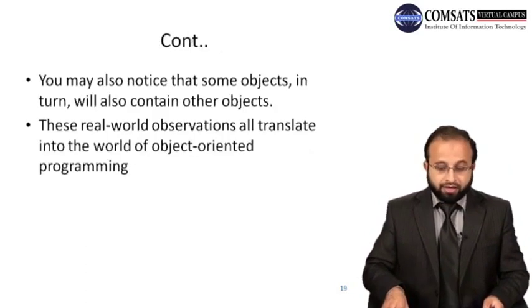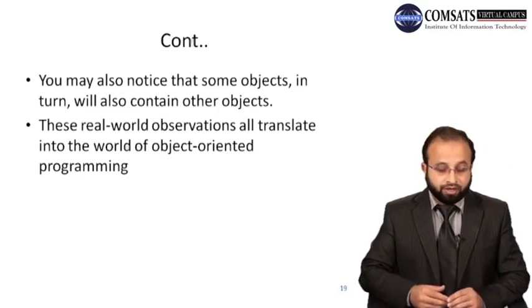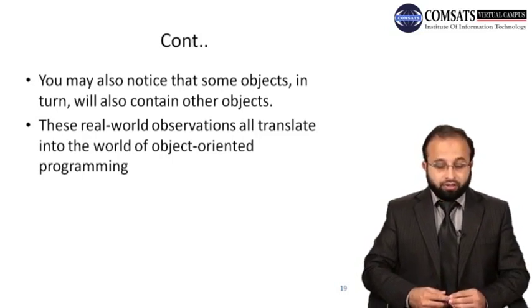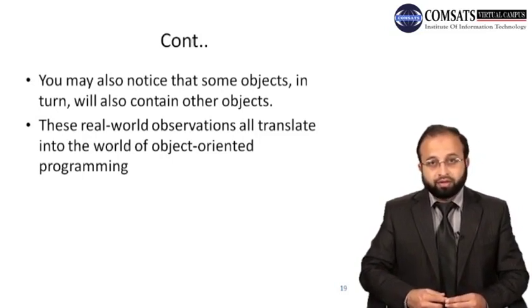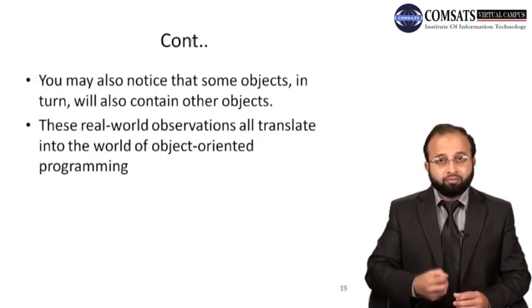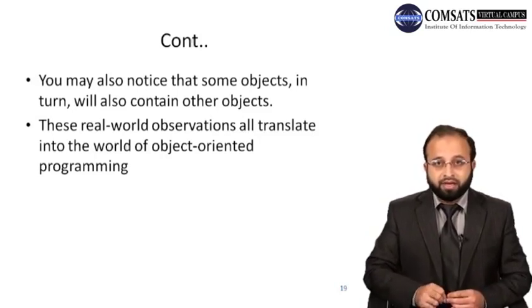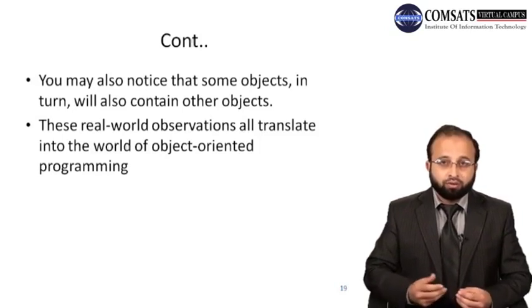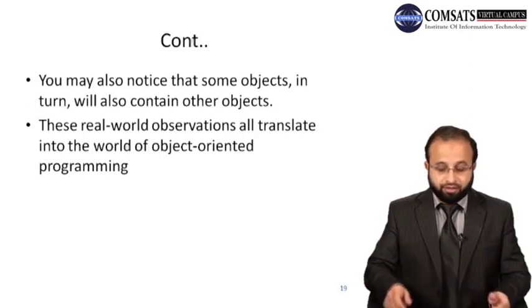You may also notice that some objects in turn will also contain other objects. So these real world observations all translate into the world of object oriented programming. From here the motivation of object oriented programming came, that we can represent the real world object using some programming language, and that is the object oriented programming language.